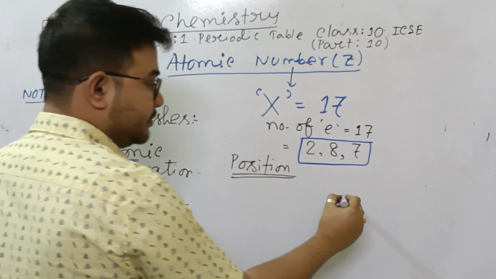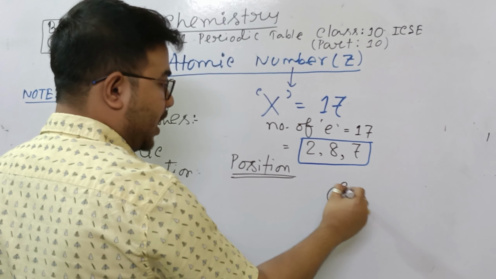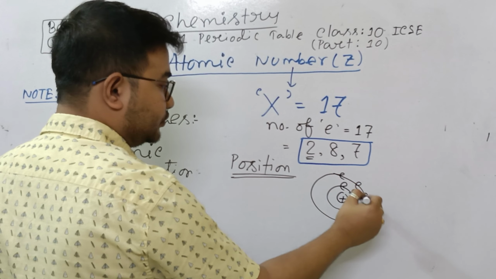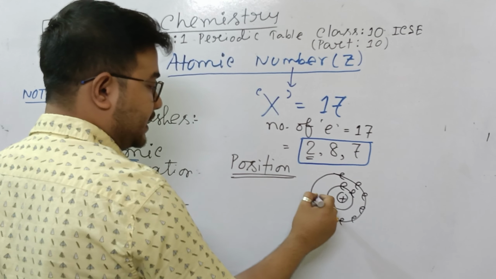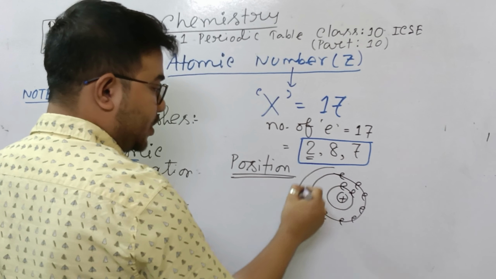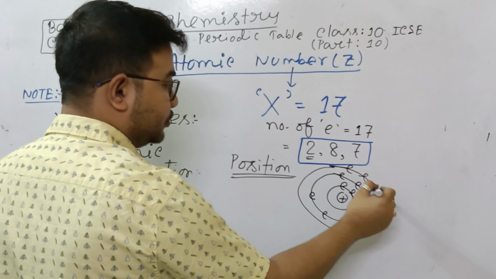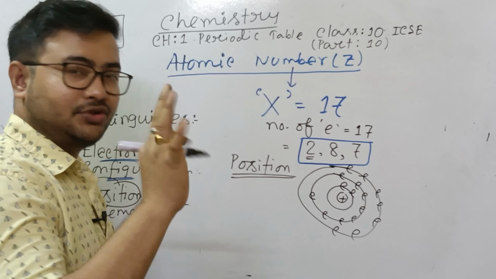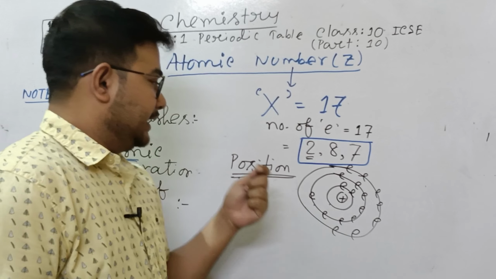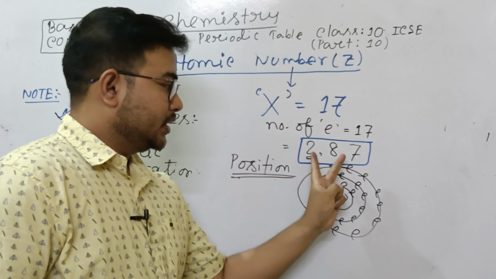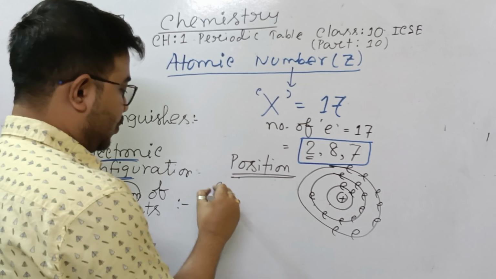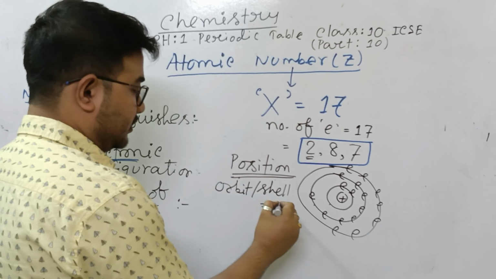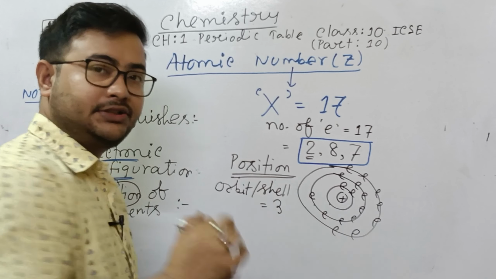Why? Look at the board. In the first orbit 1, 2, electrons are there. In the second orbit 1, 2, 3, 4, 5, 6, 7, 8, and in the third orbit also 1, 2, 3, 4, 5, 6, 7. So how many orbits? 3. Now since here there are 3 orbits or shells, first, second and third, 3 shells are there.